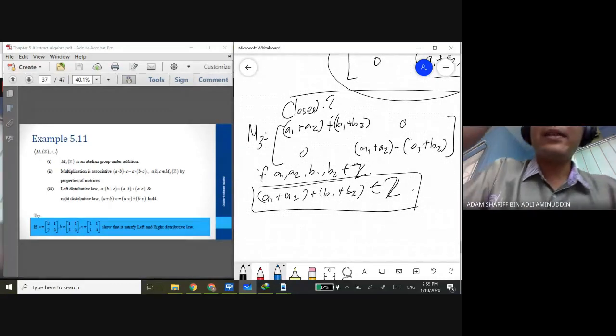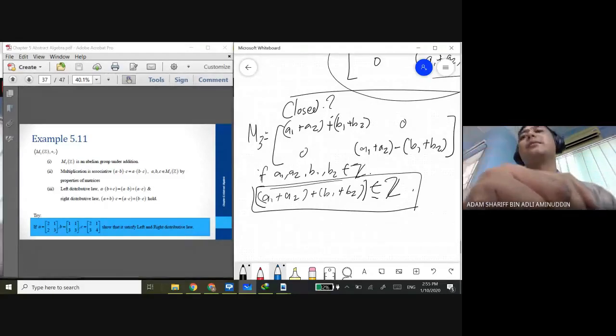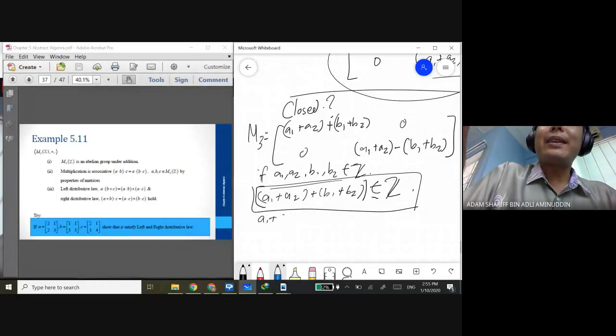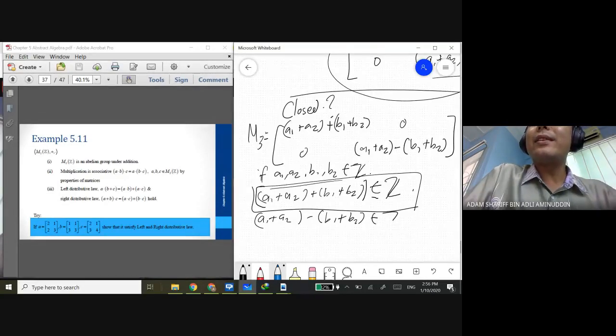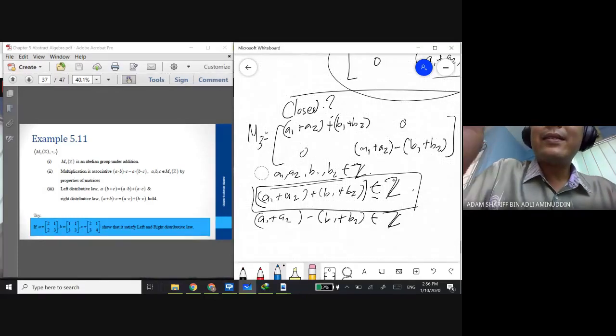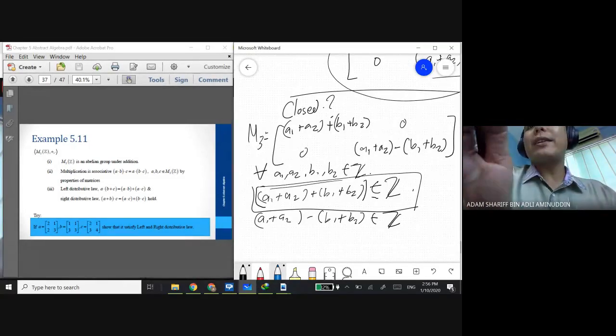Ini, this one is an element of integer. 0 of course integer, that's why I don't want to mention it. This one, A1 plus A2 minus B1 plus B2, also integer. So for every A1, A2, B1, B2 that is integer, the binary operation A1 plus A2 plus B1 plus B2 is also an integer.